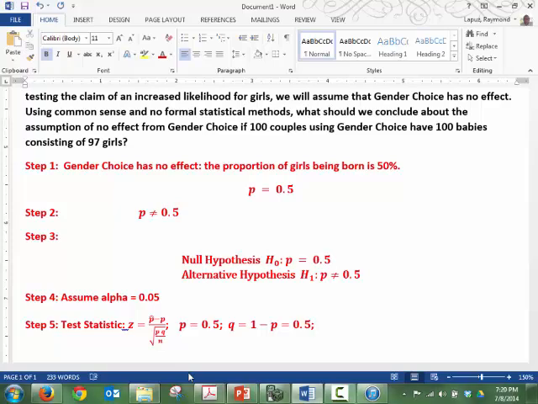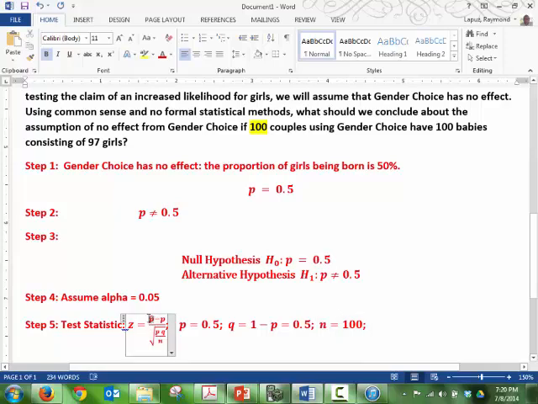N. What is N? 100 babies, right? We got that as an important piece of information from the original problem. So N equals 100. What's left? P hat. What's P hat? 97 out of 100. Where'd you get that from?